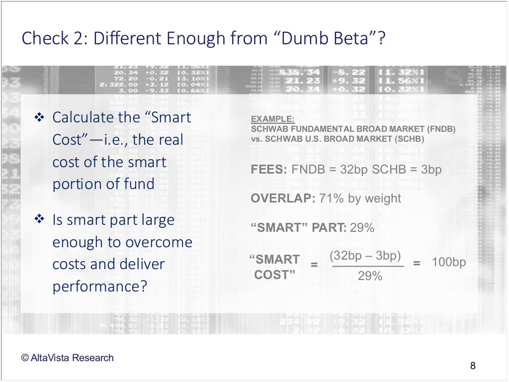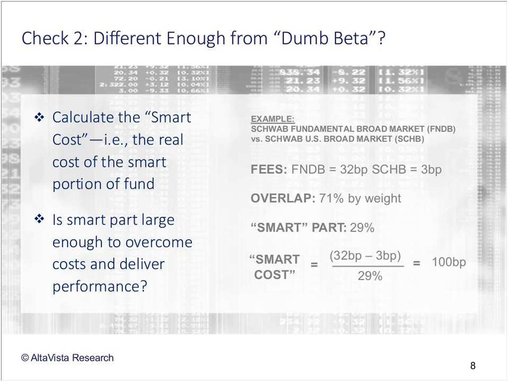Now, you might be surprised how much overlap there is between some smart beta funds and their benchmark counterparts. There's nothing inherently wrong with that, but remember, if a smart beta fund has only a small portion of the portfolio that is unique to it, then there is only a limited portion with which to overcome the cost disadvantage and deliver excess returns.